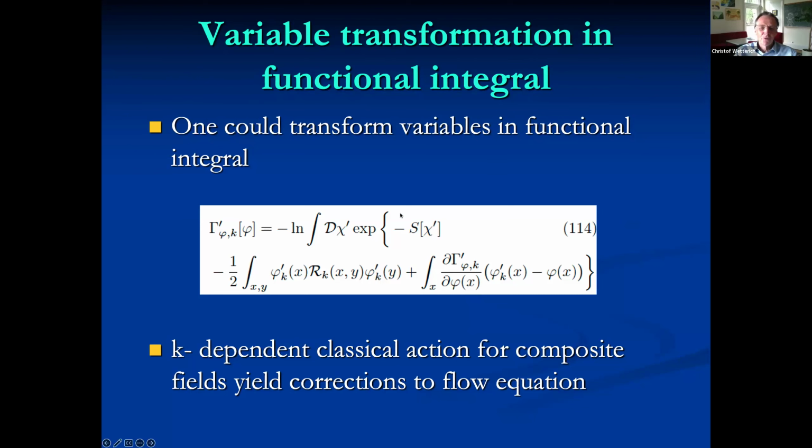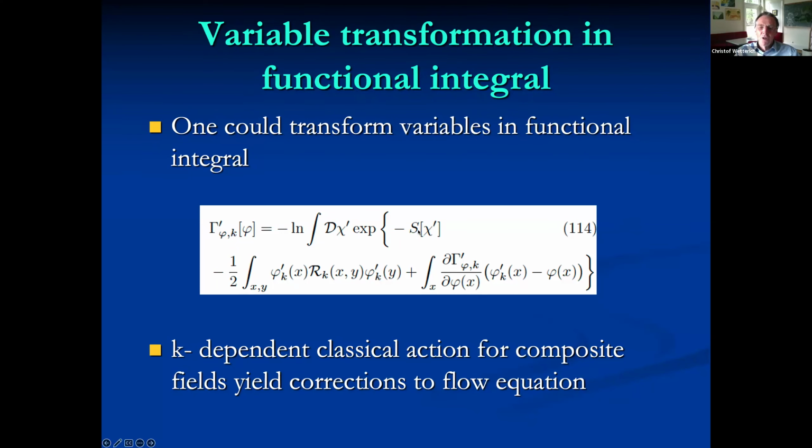You can make the field transformation already here to phi prime. Then you just get a Jacobian. And once you have that, you are, in terms of the composite fields, exactly at the same setting as originally for the fundamental fields.